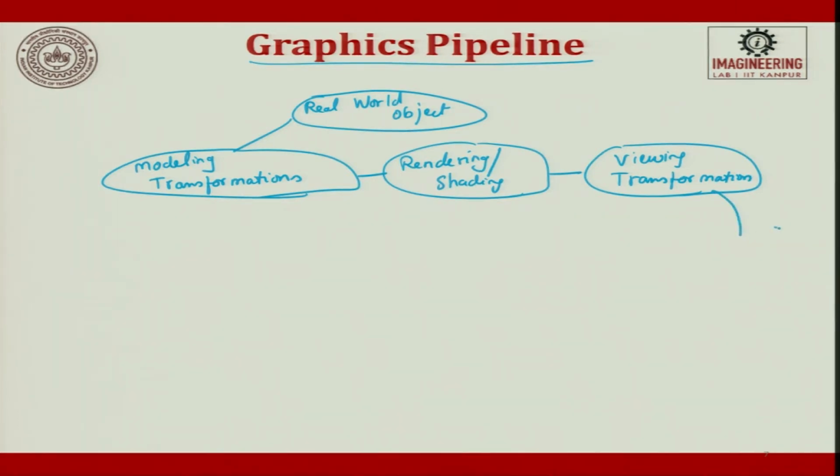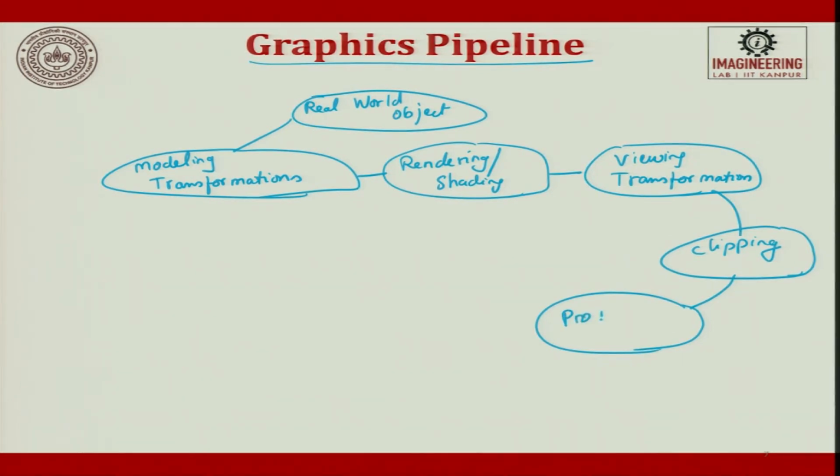Then you start giving editing features on the developed one. So, that is nothing but clipping. From the clipping, what you get is the projections. So, when you try to view it or rotate it, how are you able to do? Then it is going to be rasterization.